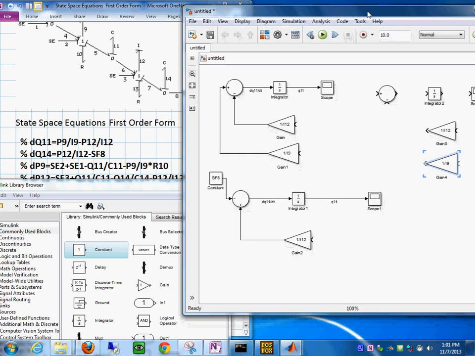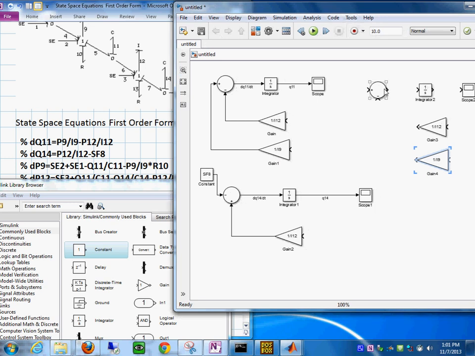So in here this is just to make sure we are on dP9 dt. Okay, and this one is p sub 9 as well, right?